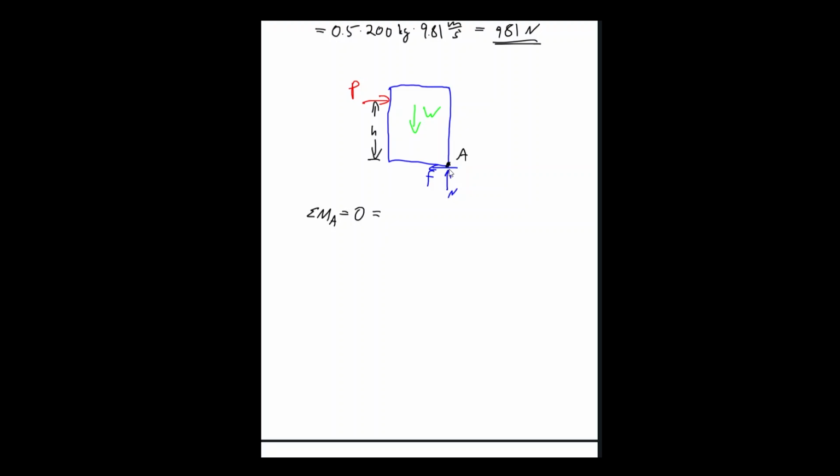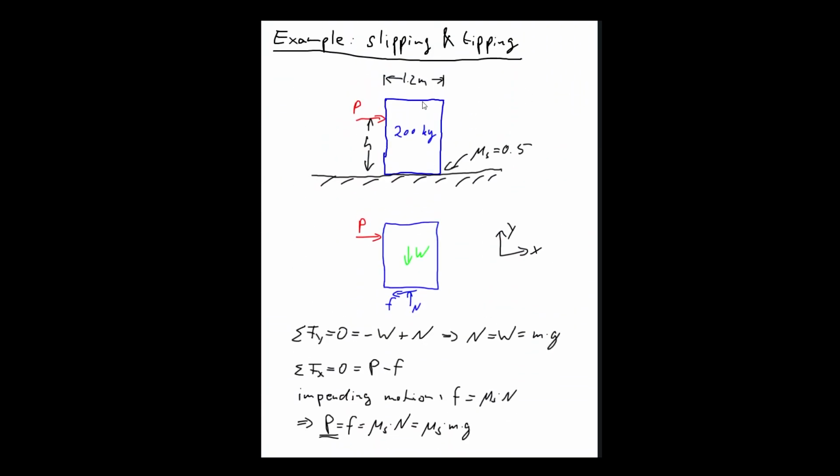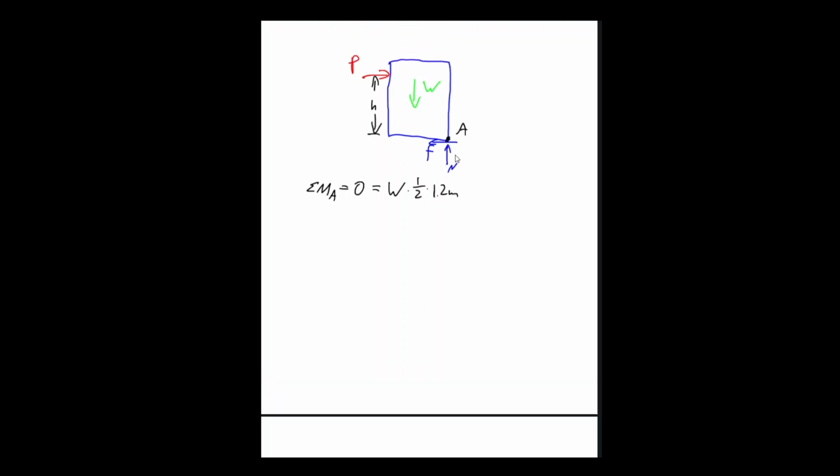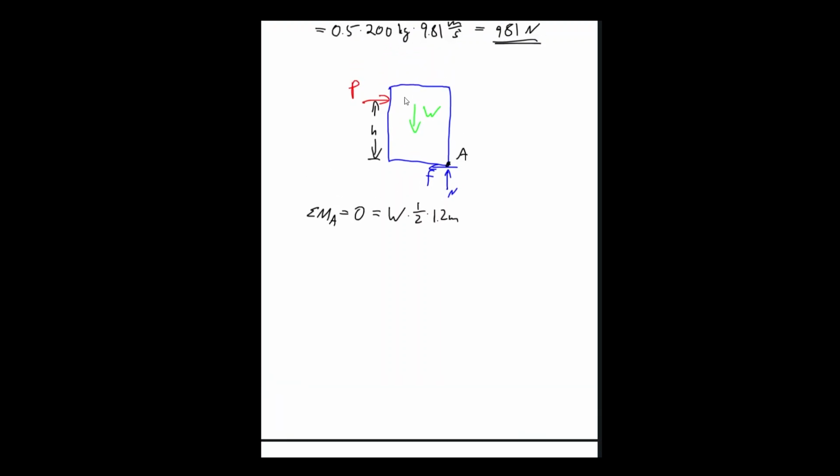F and N both will go through A. We don't have to worry about them. W is going counterclockwise. So it'll be W times half of the width, so 1/2 times 1.2. And then P is going clockwise, so minus P times H. Now P we know, W we know, so we can just solve this for H.